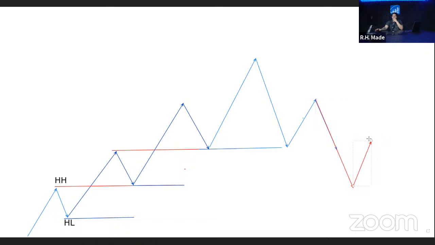Now on a downtrend, same thing as the uptrend, it's just flipped. On a downtrend, it can either retest off of the previous lower low or the previous lower high.